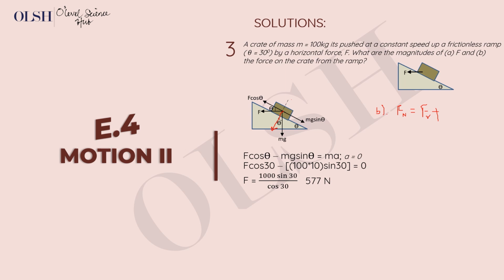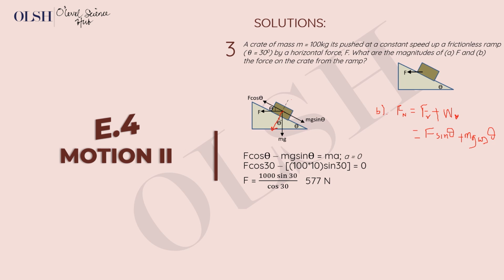You can also represent our weight as WV. So if we do this, we're going to have F sin theta plus mg cos theta.